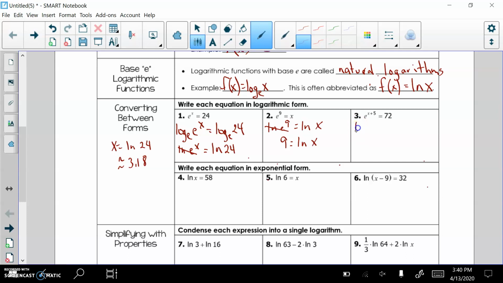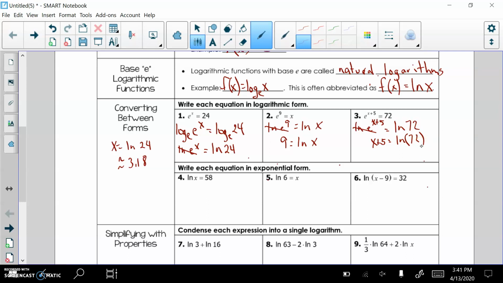All right, number three, natural log both sides. Natural log of e to the x plus 5 is equal to the natural log of 72. Now, when you cancel natural log of e, x plus 5 is equal to the natural log of 72. You have to get that result of the natural log of 72 first and then subtract the 5.